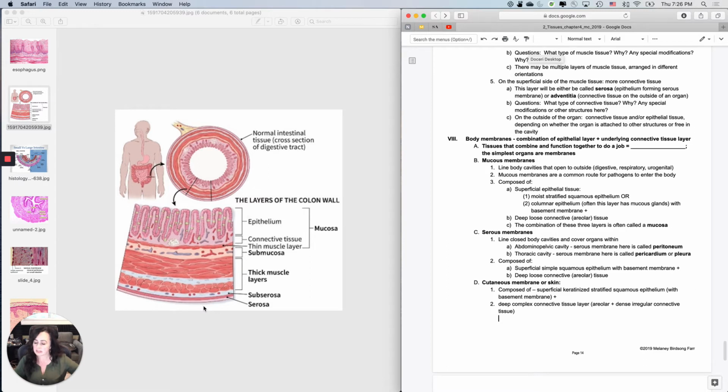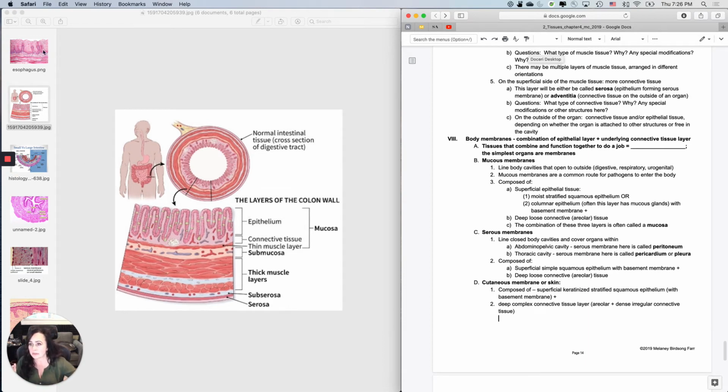For instance, if it's in the ventral body cavity, you're going to have a serous membrane, also called a serosa. Or the organ could be stuck to another organ, and then instead of having a serous membrane on the surface, it would have connective tissue on the surface, and that's called adventitia. So what's on the outside of the organ can sort of tell you about it.